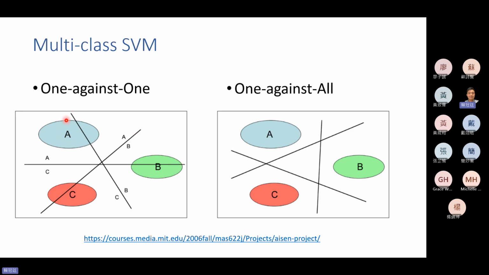Suppose we have 3 data sets, then we need a classifier for each 2 of them. So we find classifier AB for classifying A and B, and classifier AC. So we need to learn 3 classifiers.